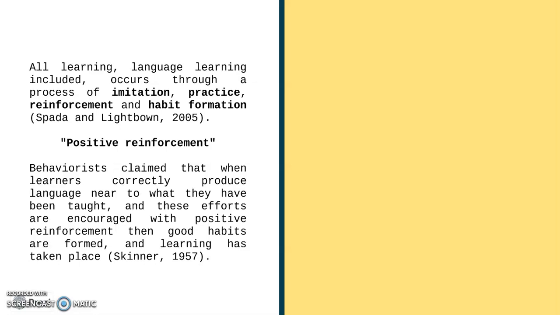According to behaviorism, the environment in which the learning takes place is essential to the learning, not just because it is the source of the language from which learners form associations between the words they hear and the objects and occurrences they represent, but also because it is from the environment that learners get feedback on their performance. Behaviorists claim that when learners correctly produce language near to what they have been taught, and these efforts are encouraged with positive reinforcement, reward or congratulation, for example, then good habits are formed and learning has taken place.